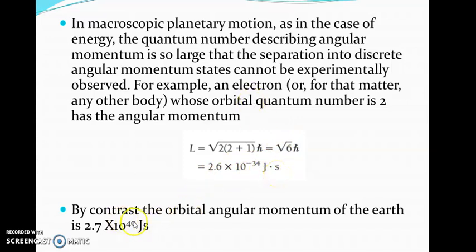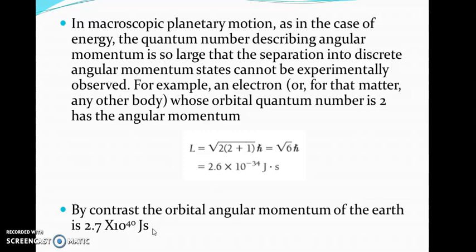But the orbital angular momentum of the Earth is 2.7 into 10 to the power 40 joule seconds. This is very, very high, and the corresponding orbital quantum number is a very, very large value. So the separation between the levels cannot be seen in the macroscopic world.